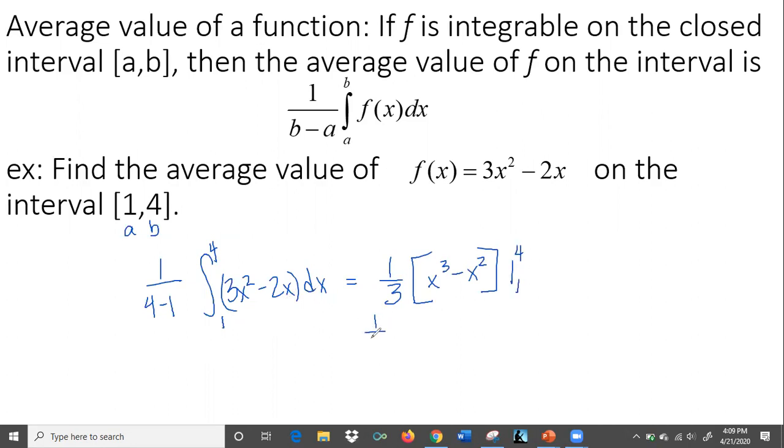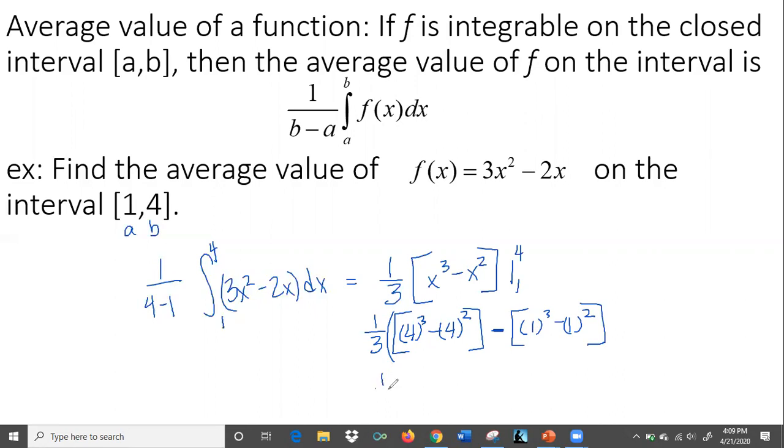So we still have 1 over 3. We're going to multiply by 4 cubed minus 4 squared, and then we're going to subtract f of a, 1 cubed minus 1 squared.